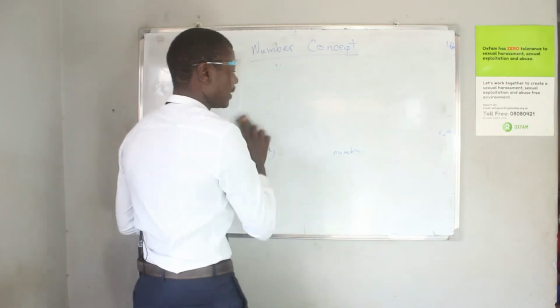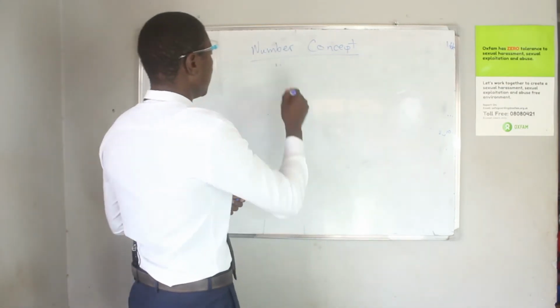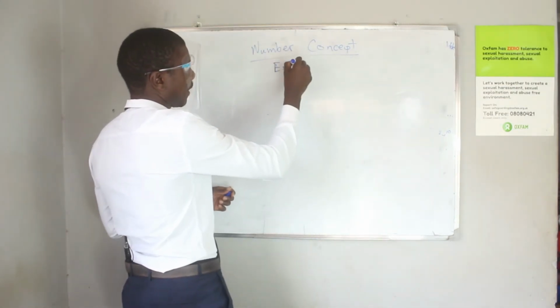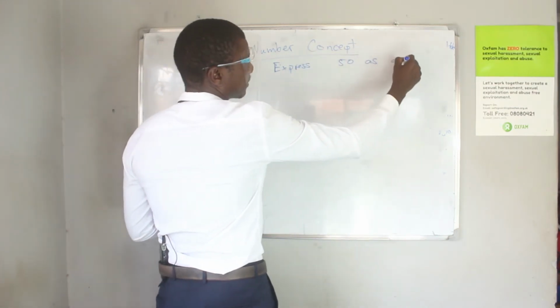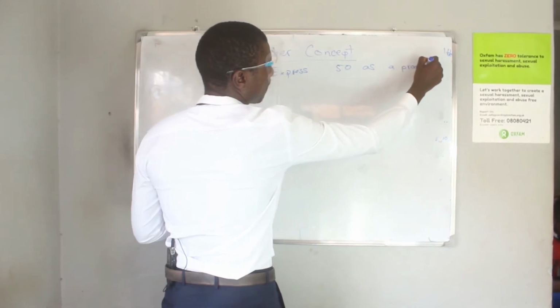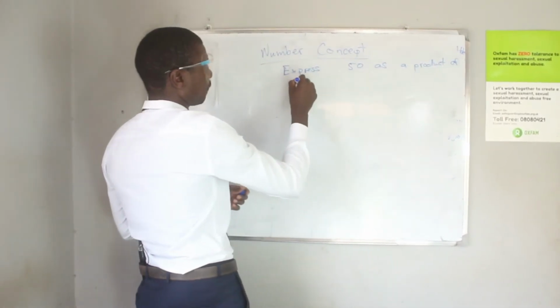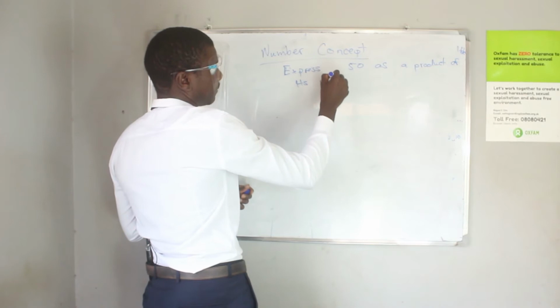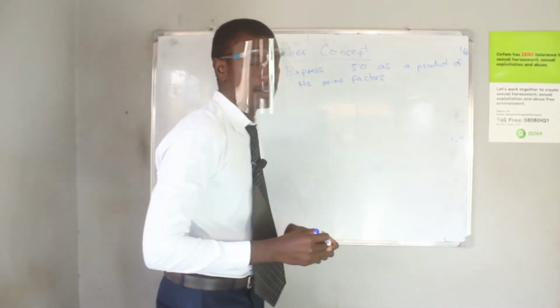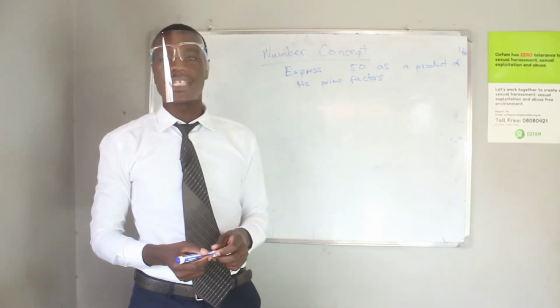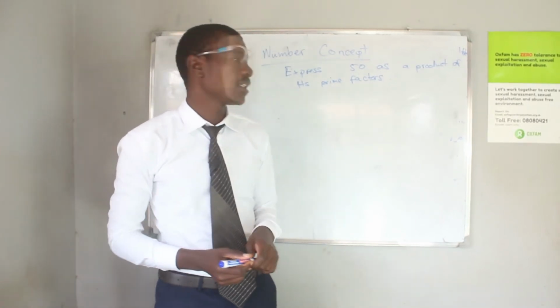Our first question is, express 50 as a product of its prime factors. So we want to look at the prime factors of 50.